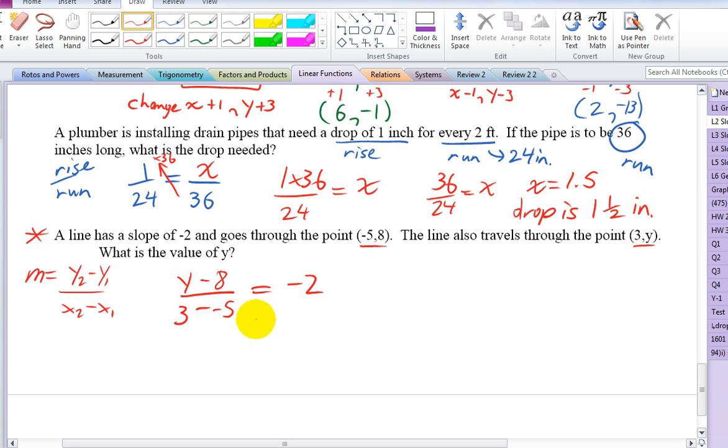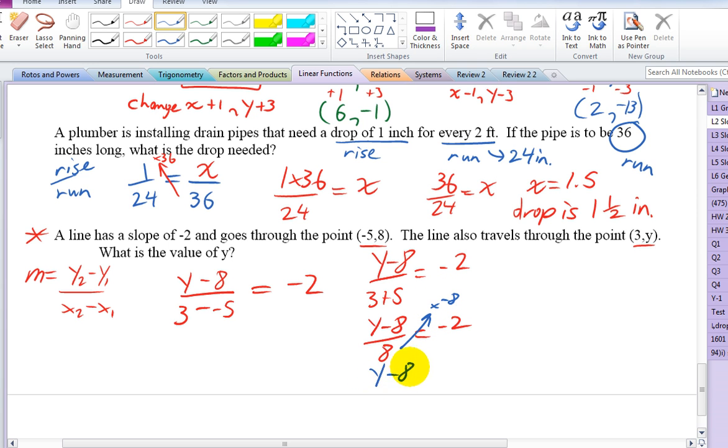So we can rewrite that as y minus 8 over 3 plus 5 equals -2. We can rewrite that as y minus 8 over 8 equals -2. Instead of dividing by 8, what should we do? Bring it up and times by -8.